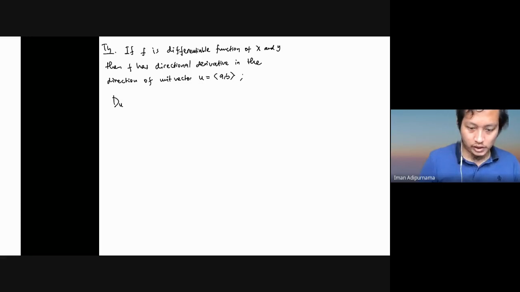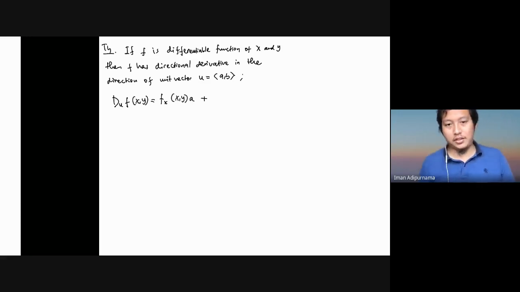And we can write it by splitting the unit vector along each axis, with partial x and partial y.